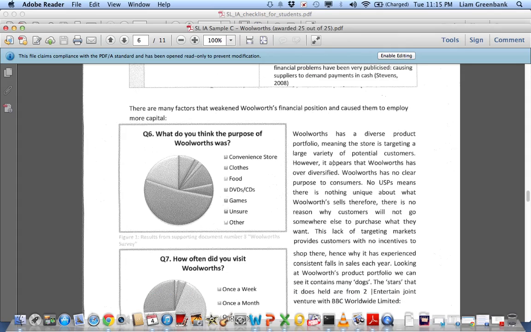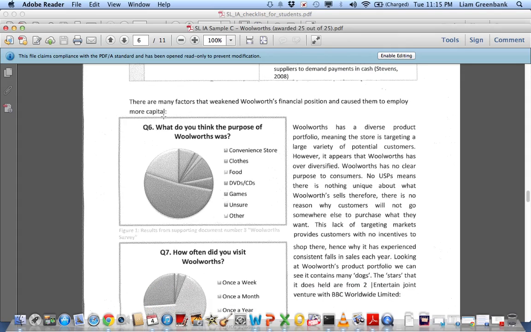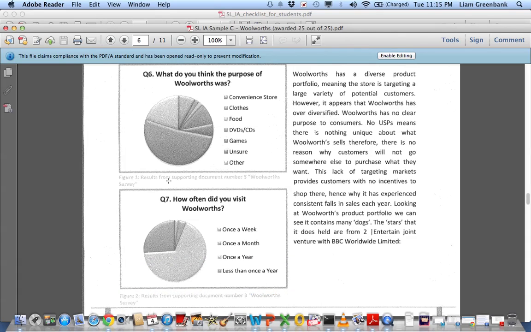And then here, they bring in some more illustrative material, some more pie charts. This is from their primary research, asking customers their opinion on the company. And it says Woolworths has a diverse product portfolio, meaning the store is targeting a large variety of potential customers.